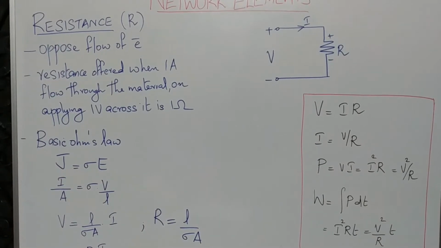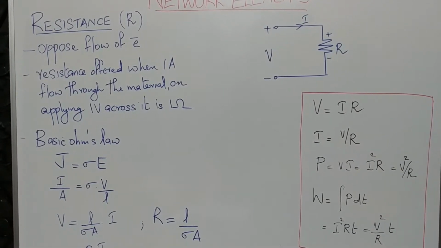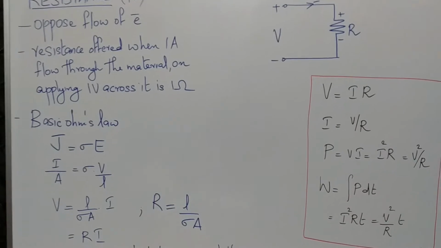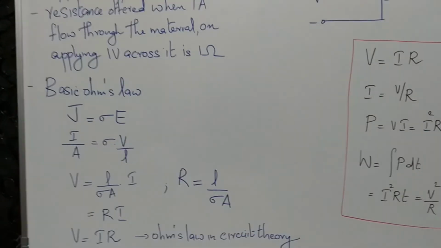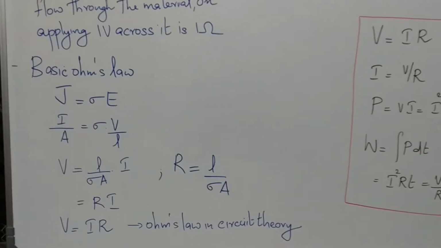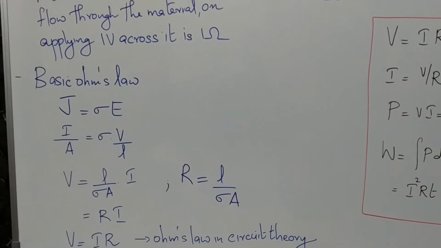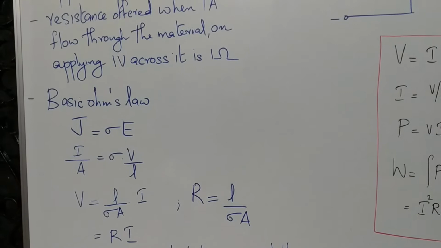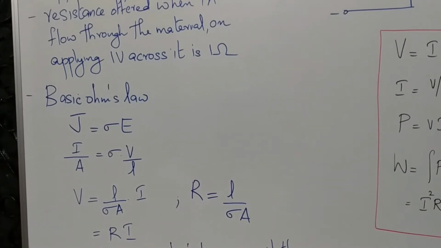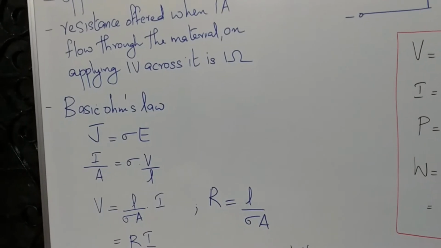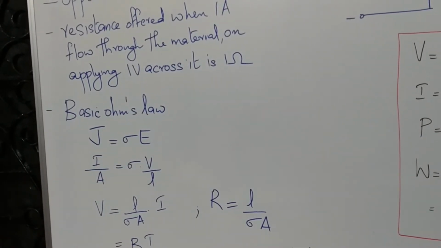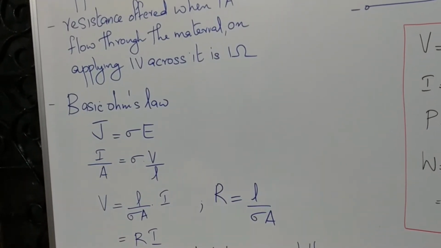Now, in order to derive the equation for voltage developed across a resistor, we'll start with the basic Ohm's law in electromagnetic form, which we have already learned. J equal to sigma E, where J is current density, sigma is conductivity of the material, and E is the electric field developed across the material.